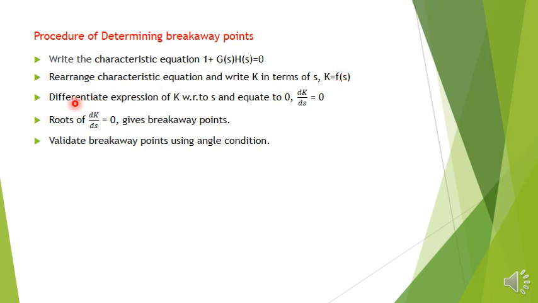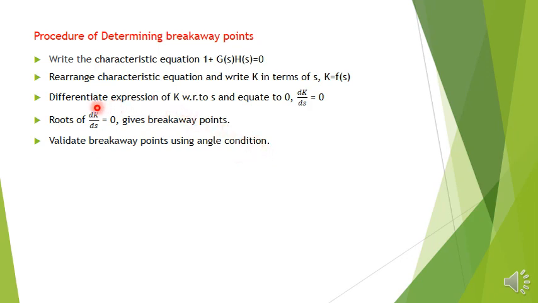Then third step, differentiate the expression of K with respect to s and equate to 0. The roots of this equation dK/ds equals 0 give the possible breakaway points. All need not be breakaway points, but whether those points are breakaway or not is to be validated using the angle condition.